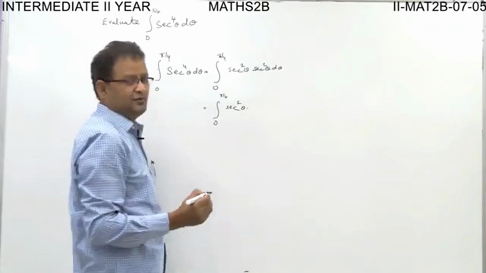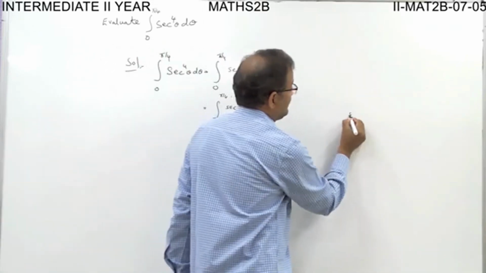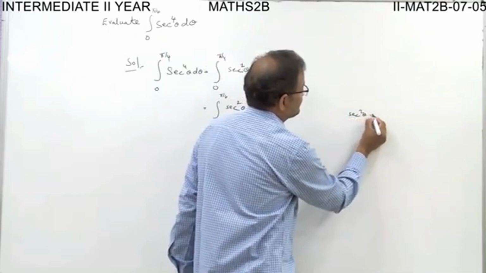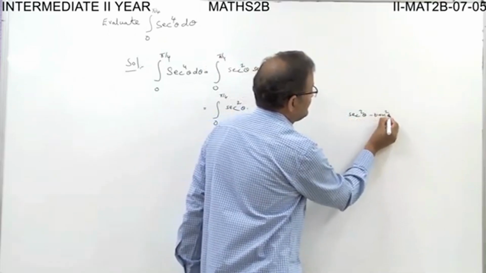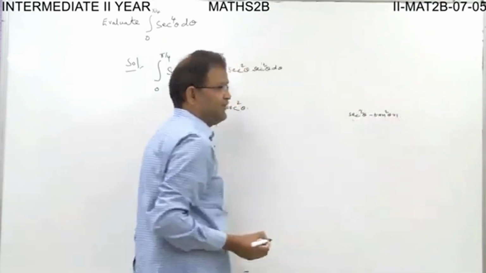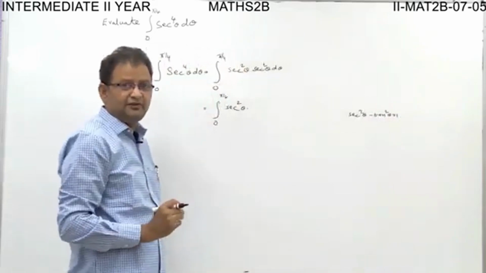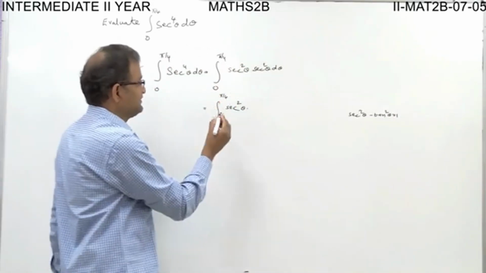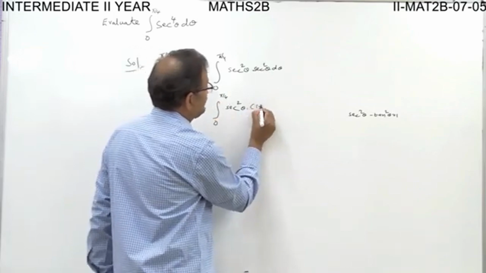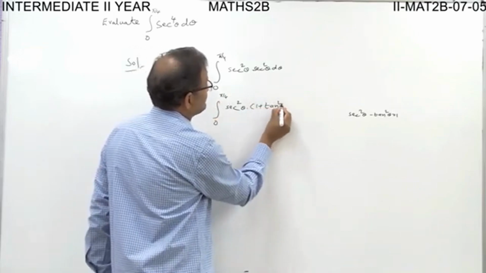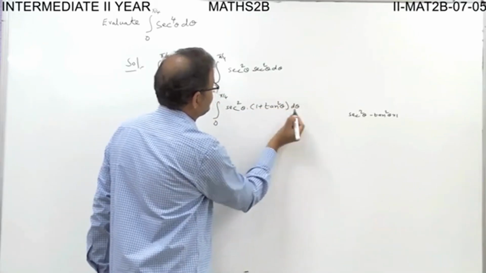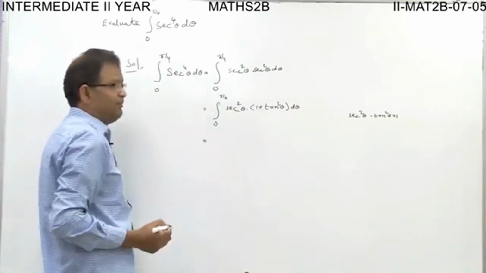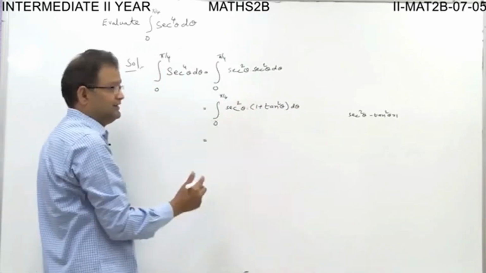For the second, we have the formula secant square theta minus tan square theta equal to 1. From this formula, secant square theta can be written as 1 plus tan square theta. Now multiply with secant square theta.